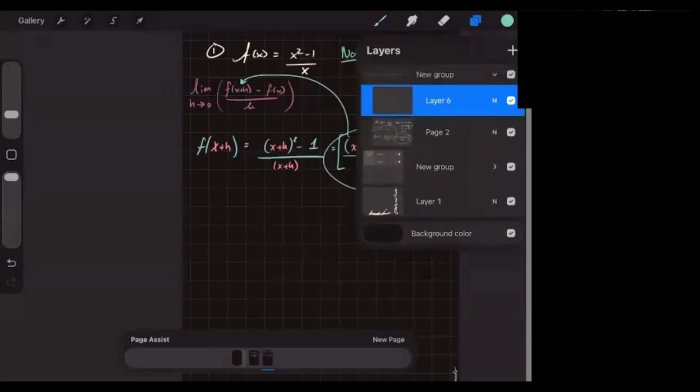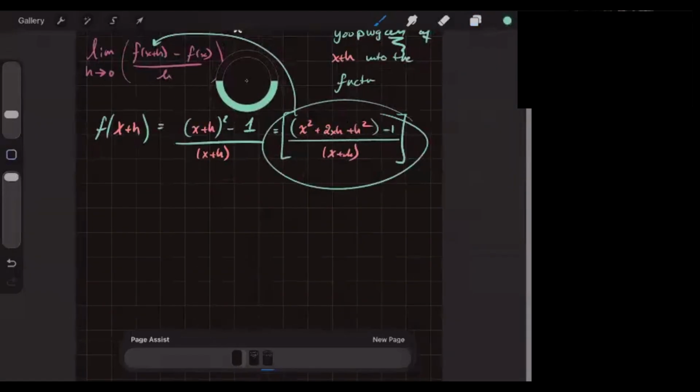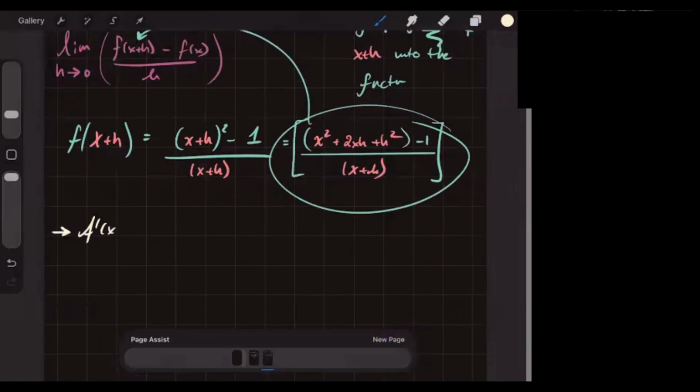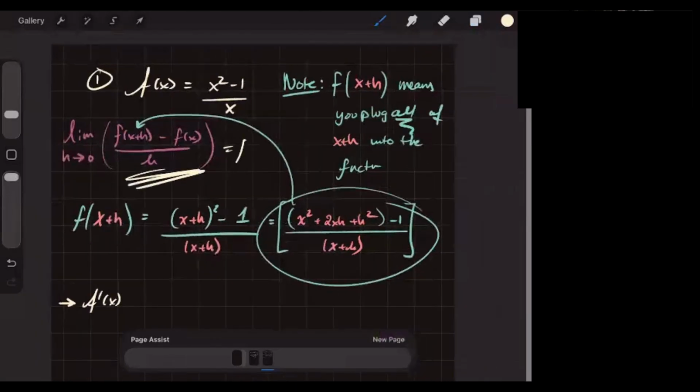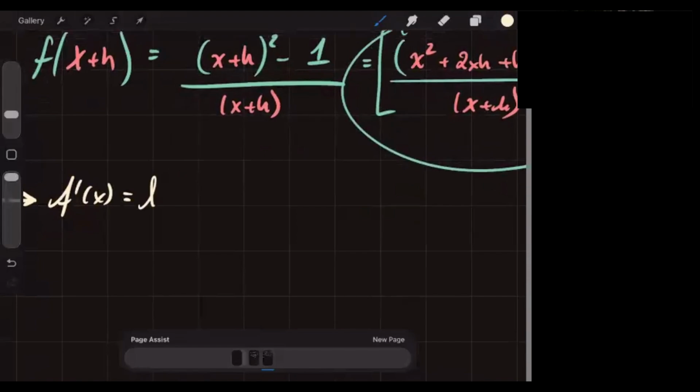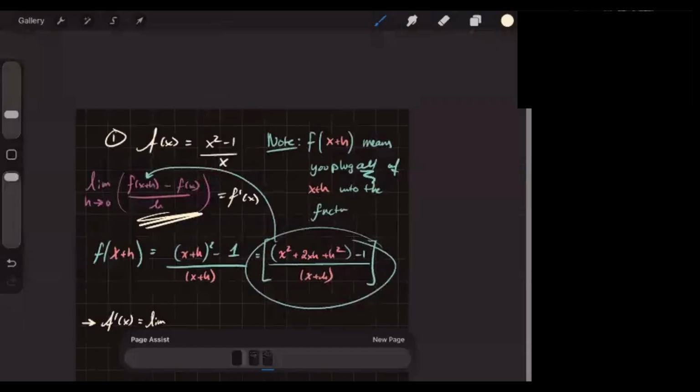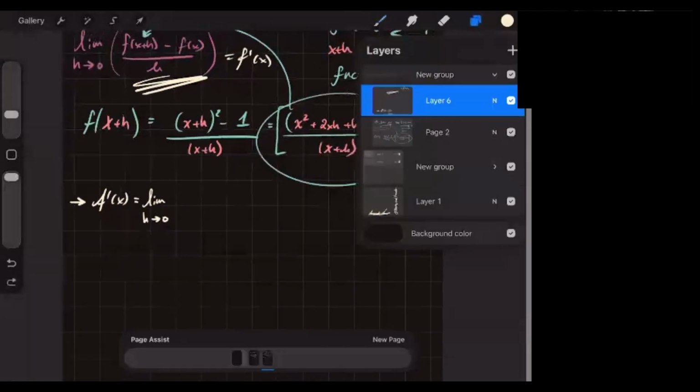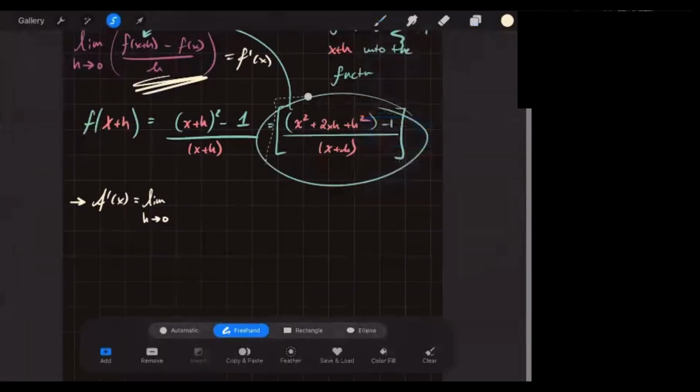So what I'm going to do now is I'm going to write out this whole thing. All right. So this is going to mean that f prime of x, right? Because this is equal to f prime x, right? And this is f. So what we're doing is we're taking the derivative of this function. That's why we call it f prime, okay? And that is going to equal the limit as h approaches 0 of f of x plus h. So this guy. Let's copy paste this guy over because I didn't want to write all that.